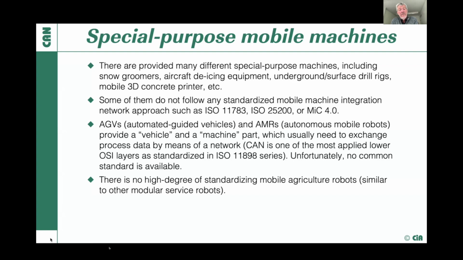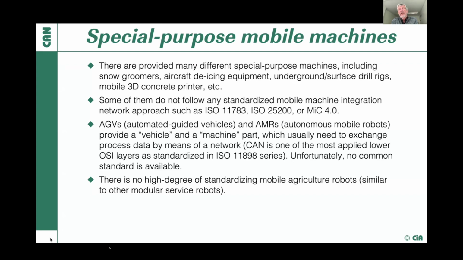AGVs and AMRs provide a vehicle and a machine part, so they are quite similar to what we have seen in the mobile machinery. Some of them have so many similarities that they are just small machines on wheels, or they are bigger machines.